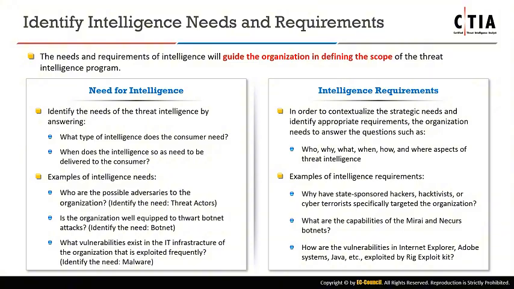When you think of Internet Explorer, Adobe, and Java, if you've been in IT or cybersecurity for a long time, there should be lists of problems with each of those that pop into your head, right? In other words, do you have the appropriate versions of Explorer, Adobe, and Java?